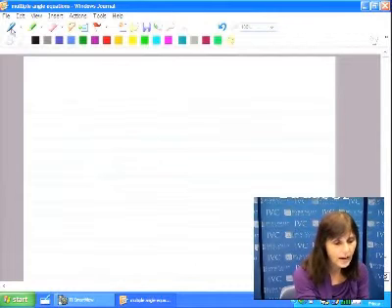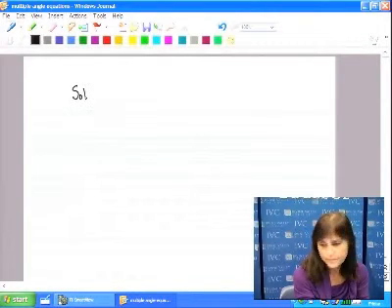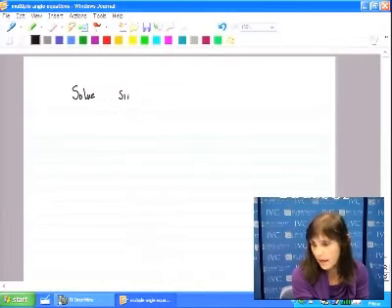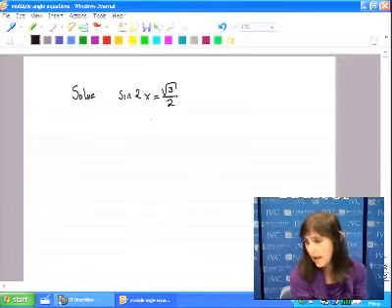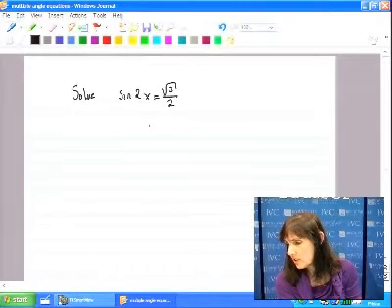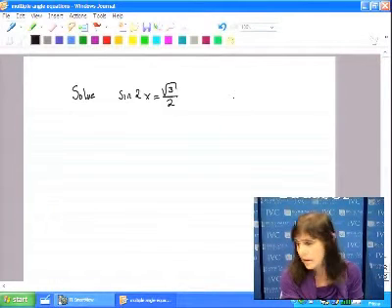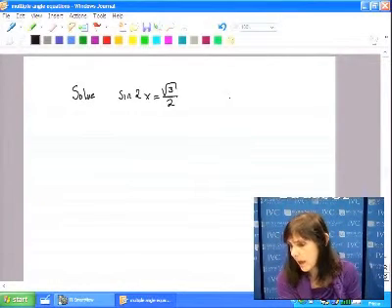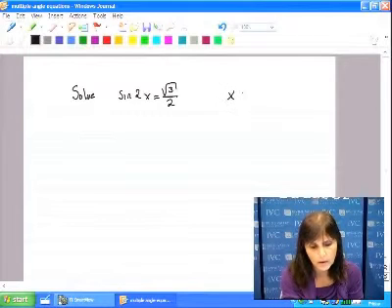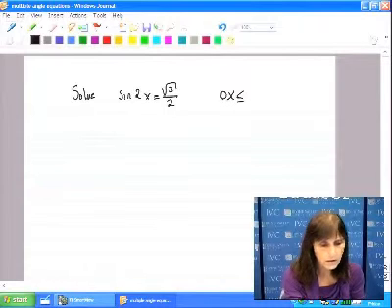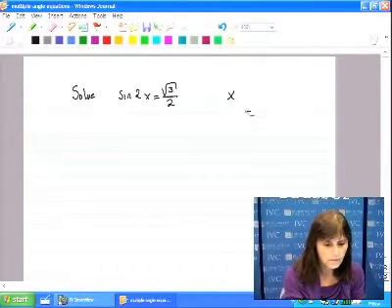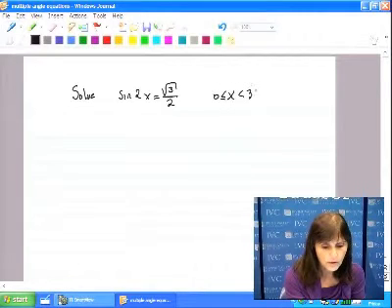Let's say they're asking me to solve sine of 2x equals rad 3 over 2. And we want this in degrees, and we want x to be between 0 and 360 degrees.